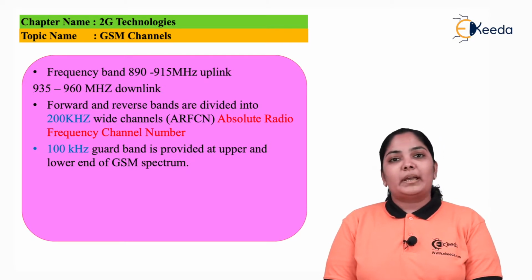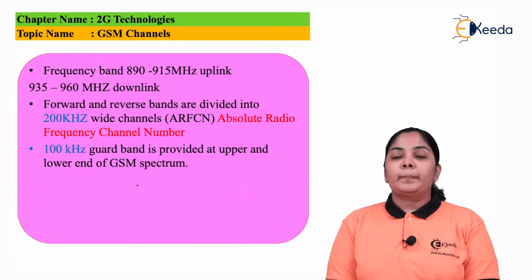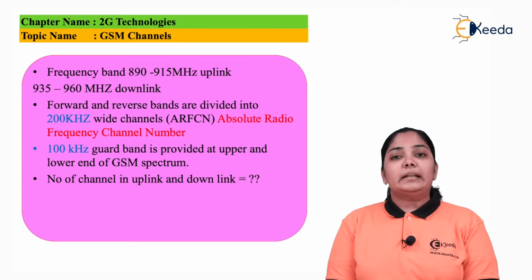From that 25 MHz, we will subtract 200 kHz, that is 100 kHz of guard band at the lower end and 100 kHz of guard band at the upper end, divided by the individual channel bandwidth of GSM, which is nothing but 200 kHz. In this calculation, the final answer that we'll receive is 124 channels available for GSM communication.